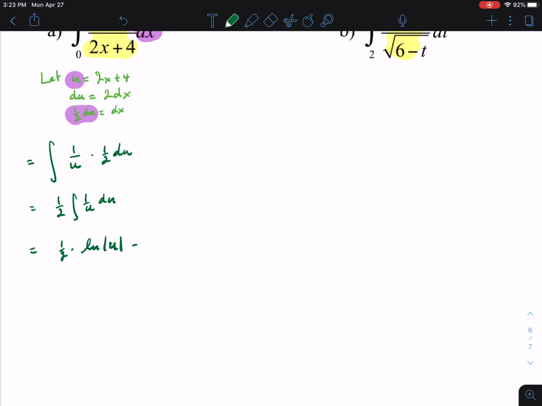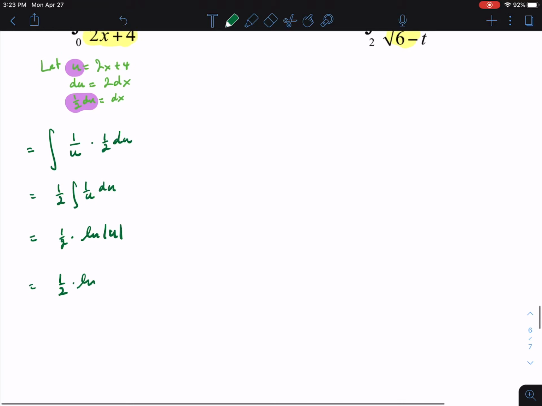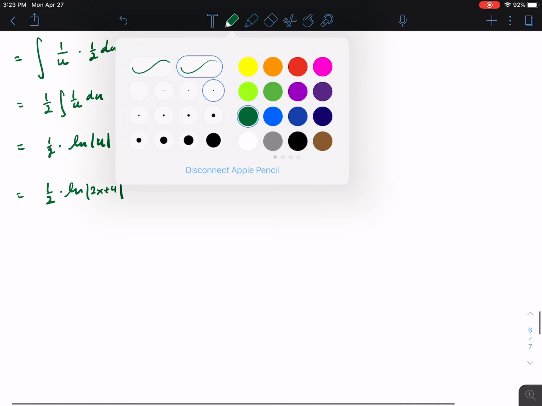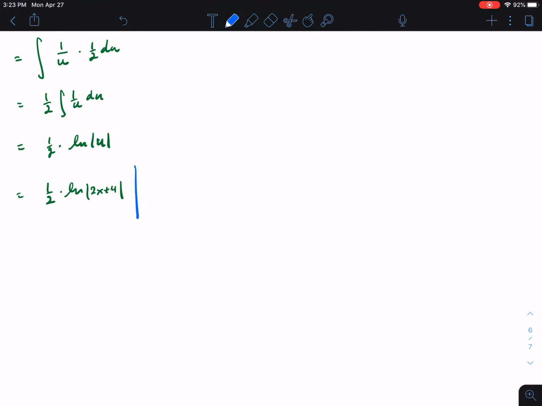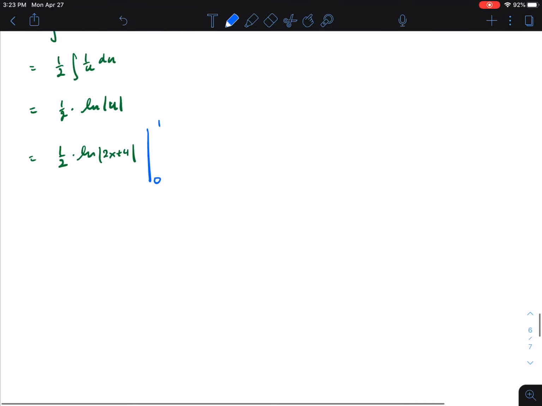Okay, and now we can substitute what u is equal to. u was 2x plus 4. And now we want to evaluate this from 0 to 1. Okay, so let's do it.